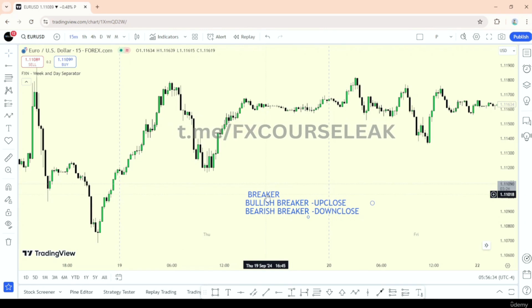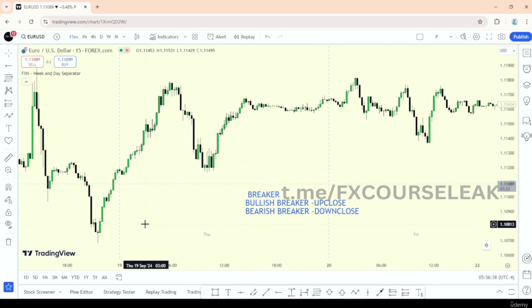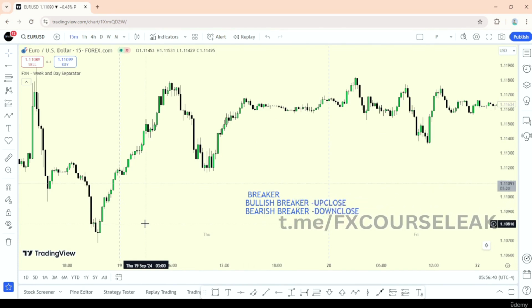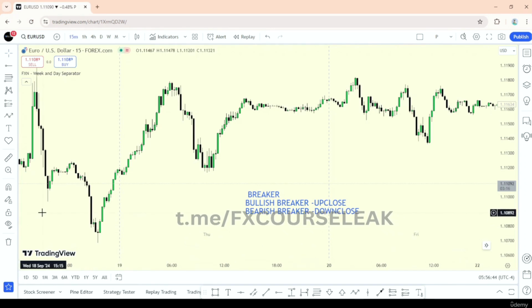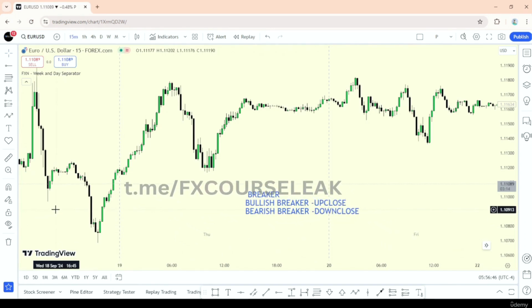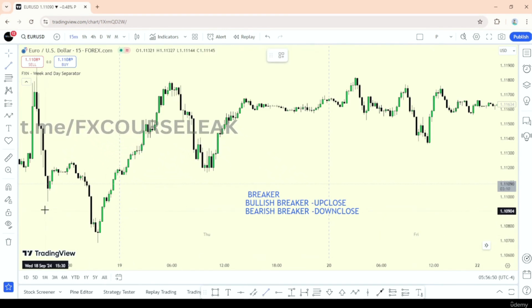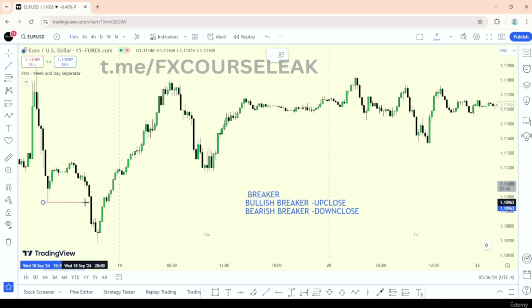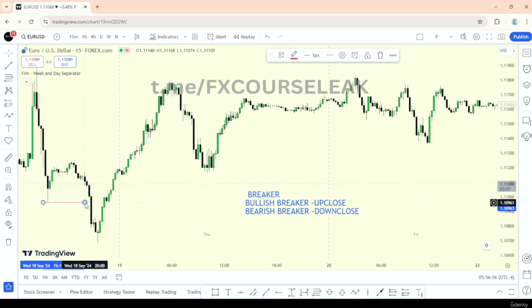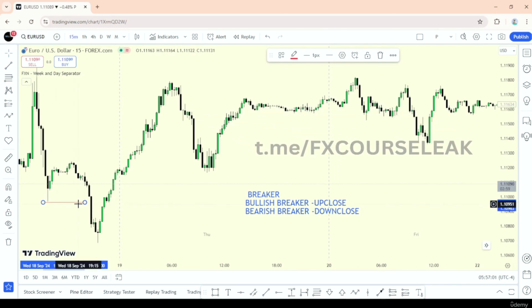In a breaker, first you have to identify an area in which the market has run either buy stops or sell stops. So we have to have the idea that we have run a form of sell stops liquidity like this one. From the other exercises or lessons, I have been able to show you sell stops and buy stops.